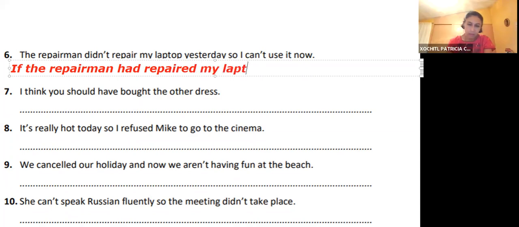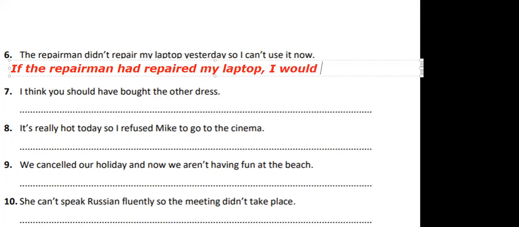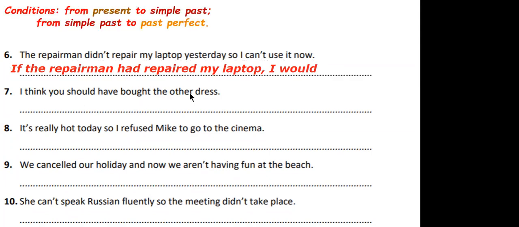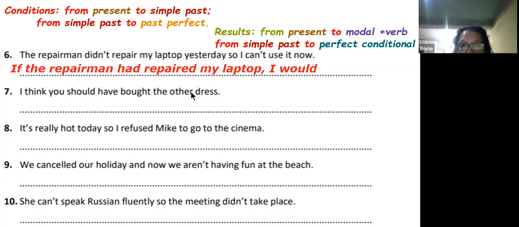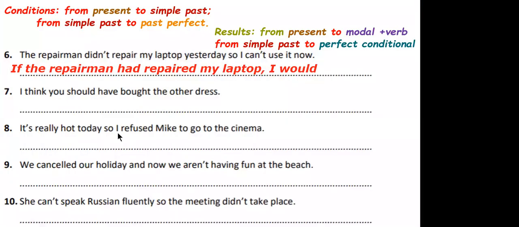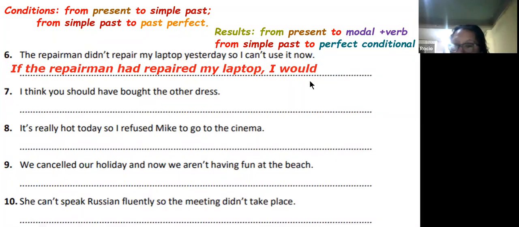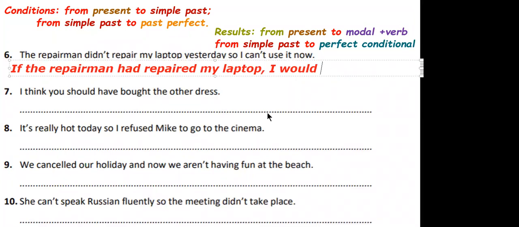The condition is past perfect. I could use it now. No, it's present. I could have used it now. Perfect conditional.